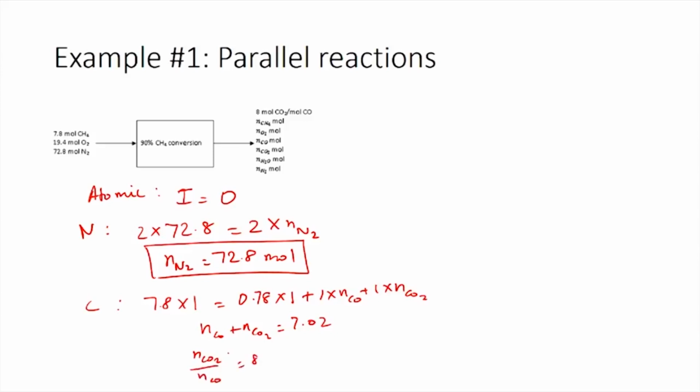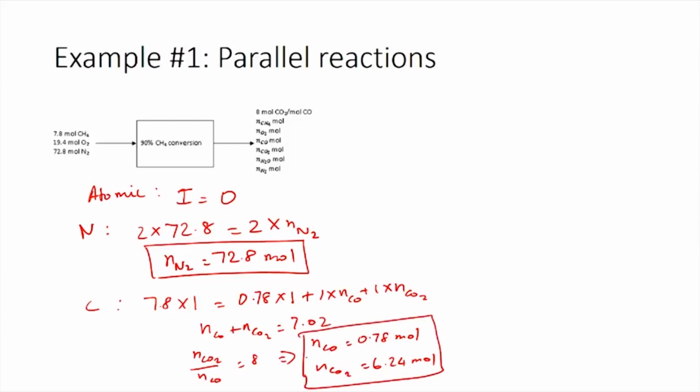This information has been given in terms of the selectivity. So, using that and the first equation, we can calculate NCO and NCO2 as 0.78 moles and 6.24 moles. So, this gives us the moles of carbon dioxide and carbon monoxide in the product stream.